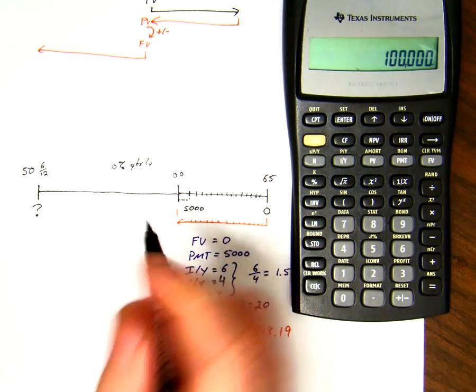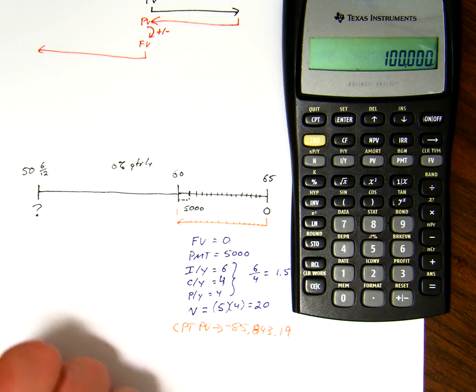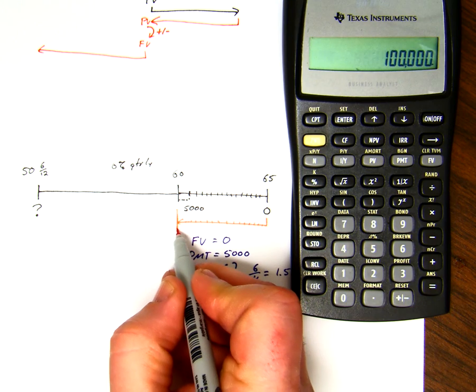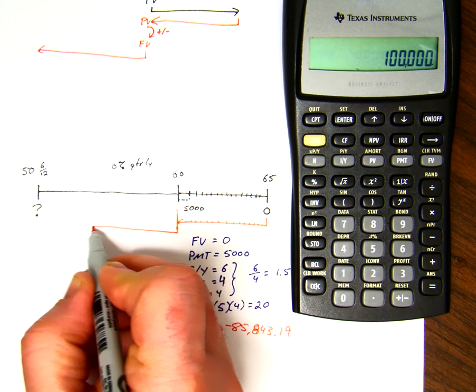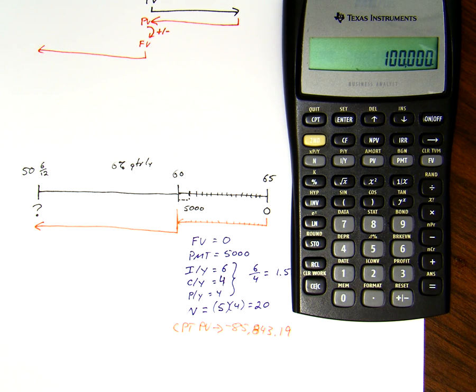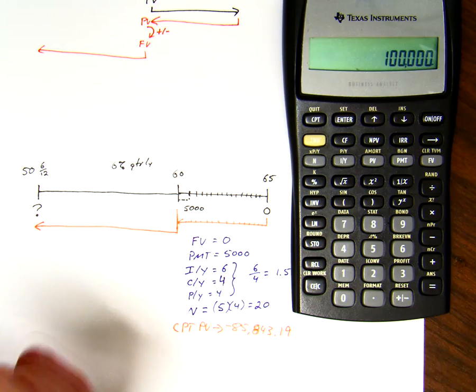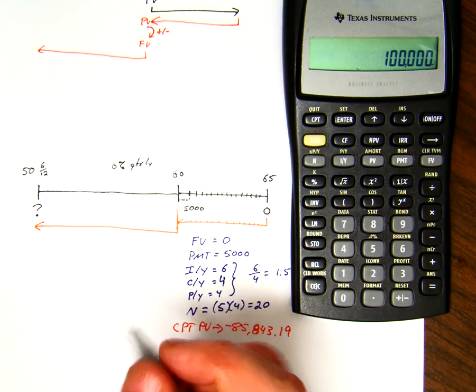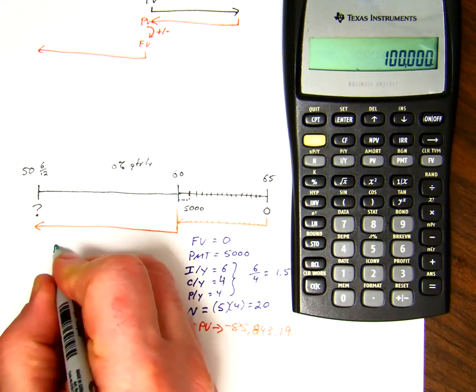But now we have the second part of the problem. If we say, now that we've got this present value, we're going to take this all the way back here to figure out what that present value is going to be. So we have a second problem. And our second problem says, well, we have to know what our future value is.